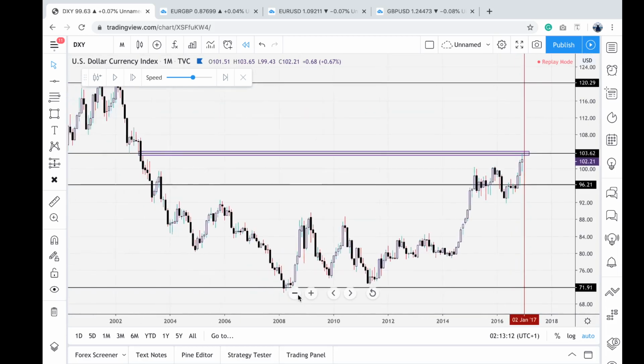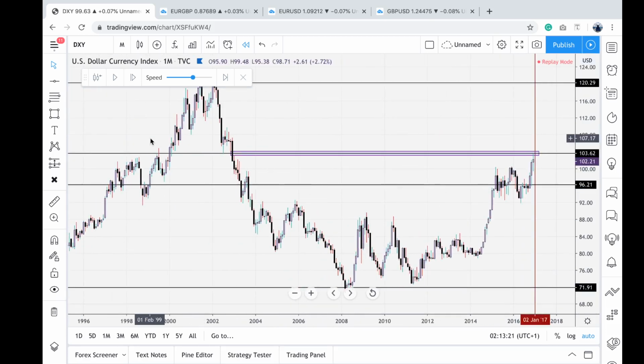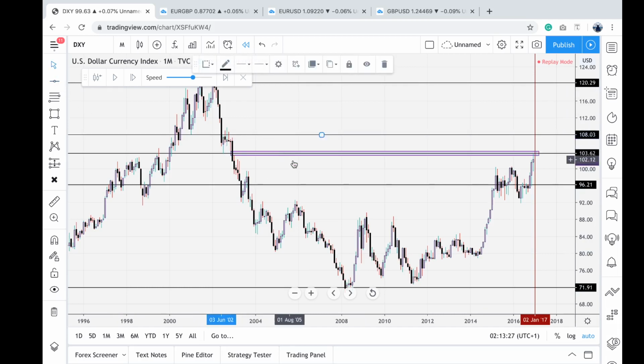All right, and then our bias would be that should price break 103.62 to the upside, then we could look for potentially price taking out these highs. So we're going to set that level there. Okay, so 108.